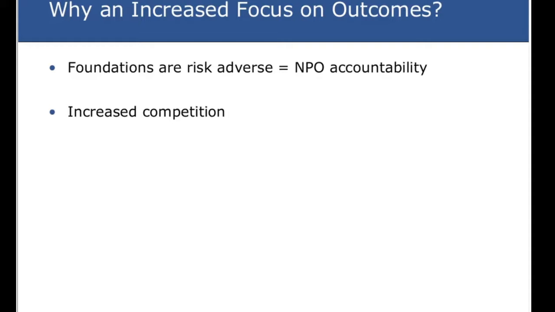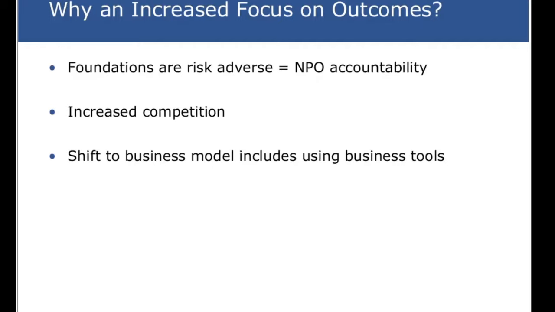So increased competition heightens the need for increased scrutiny, as foundations are completely inundated with applications. They are trying to find a way to maneuver through all of that, to make sure they're giving their funds to the right people as far as they're concerned. And so all of this has led to more and more scrutiny, more and more focus on outcomes.